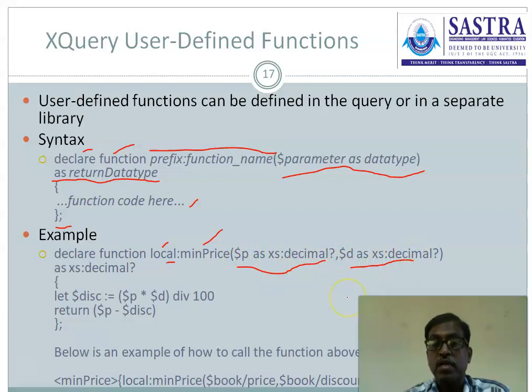See, first parameter $P, the data type of $P is xs colon decimal, $D is also decimal, and the return type is also decimal.